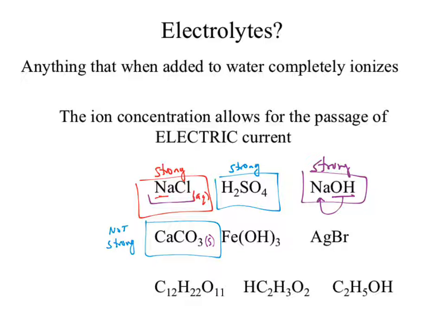Organic. Non-metals. There's no metal present in these, which means they're not ionic. If they're not ionic, what would we expect? We would expect them to not make ions, which means not electrolytes.